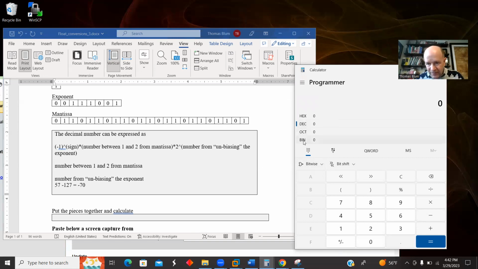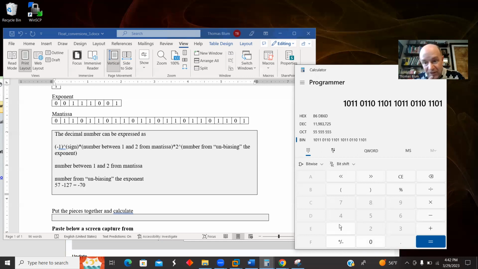So I'm going to put myself in binary mode and enter this mantissa, starting with that 1 that you don't see. I bring it out of storage and add a 1 at the front. So 1, 0, 1, 1, 0, 1, 1, 0, 1, 1, 0, 1, 1, 0, 1, 1, 0, 1, 1, 0, 1, 1, 0, 1. I try to make my life a little easier and give myself a bit of a pattern there.